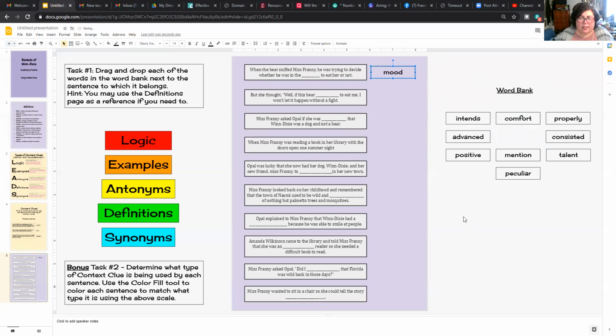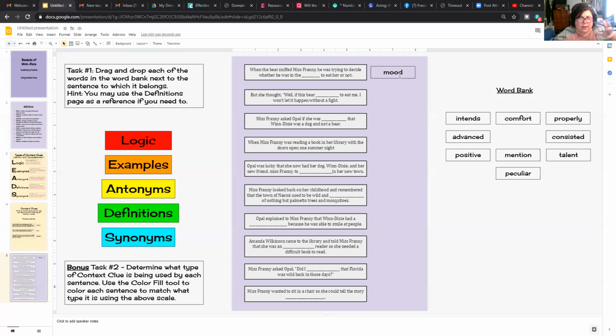Now, the second part of this task is a bonus. I just want to see if you can apply our learning of the 5 types of context clues and figure out what type it is. So, like this one right here, when the bear sniffed Miss Franny, he was trying to decide whether he was in the blank to eat her or not, or in the mood to eat her or not.